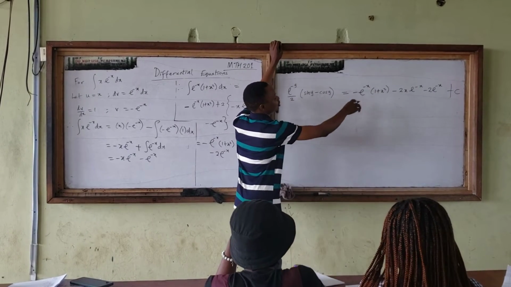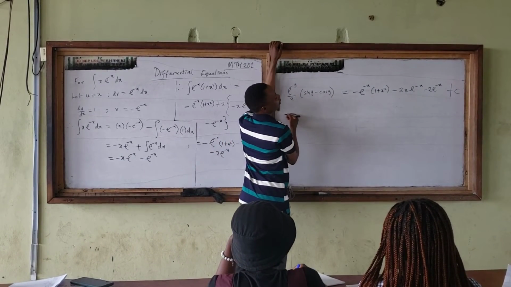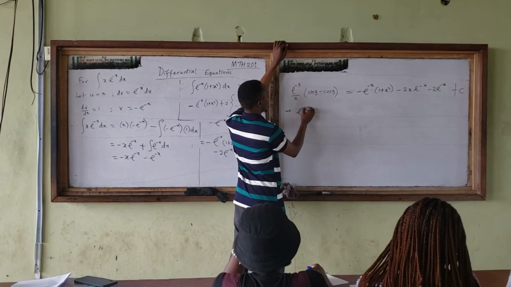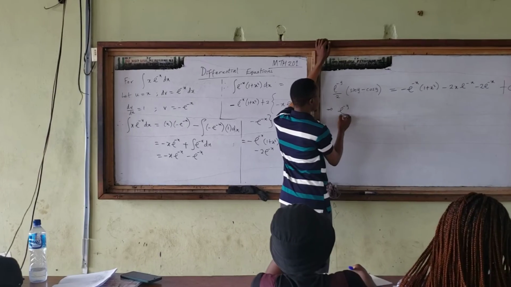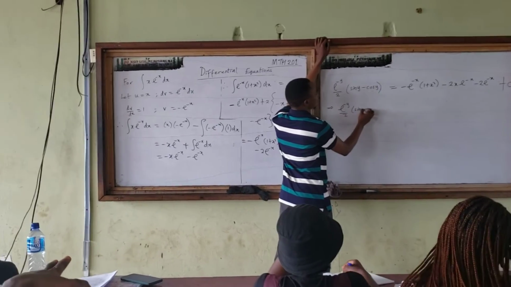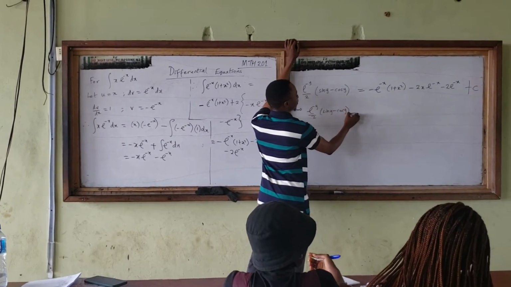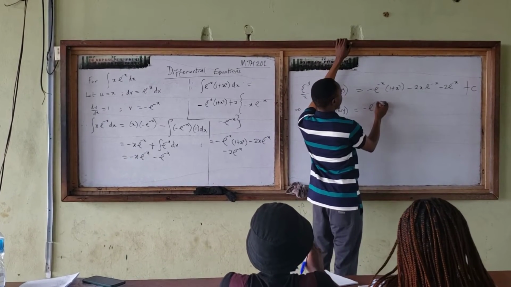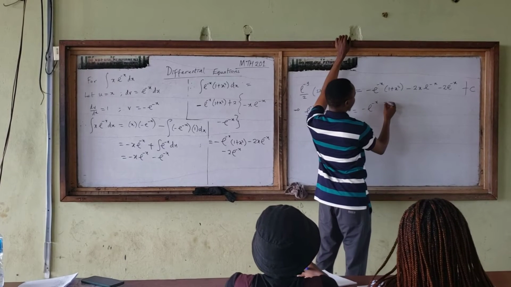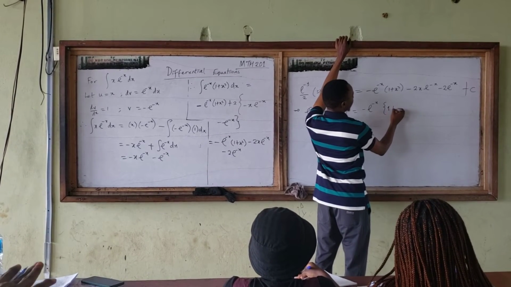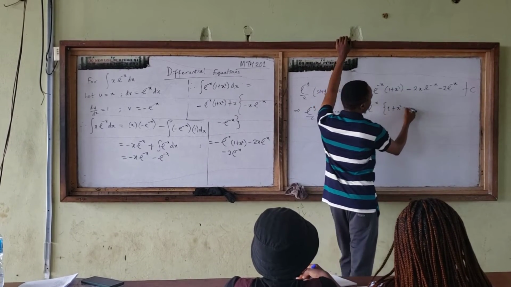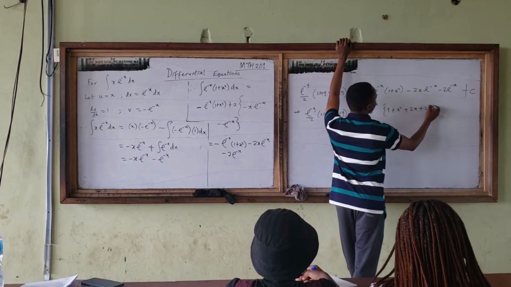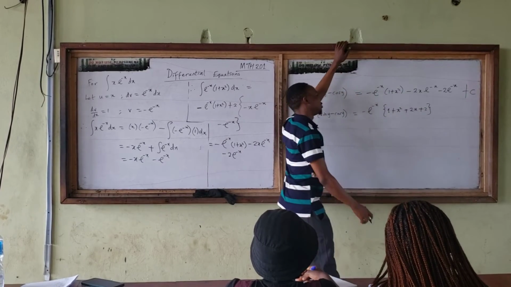You can leave it this way. You can also factorize e raised to minus x. You can see this equals e raised to minus y over 2 into sin y minus plus y, equals e raised to minus x into 1 plus x squared minus, plus a constant. Do you understand that?